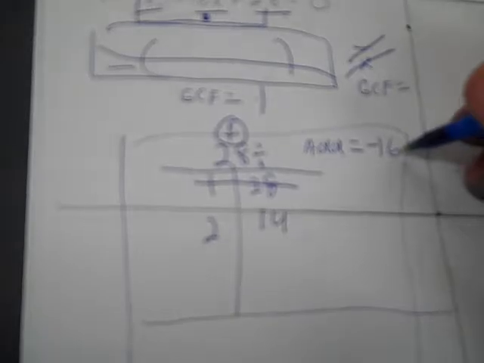2 and 14. What's 14 plus 2? 16. So 16 is negative, so you got 14 negative. And then a positive up there means the signs have to be the same, because the only way two numbers can multiply to a positive is if they have the same sign. Now my A is 1x to the second power.